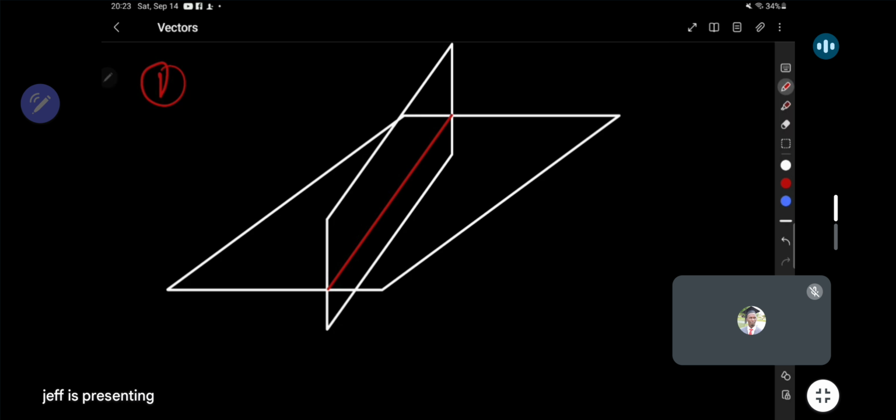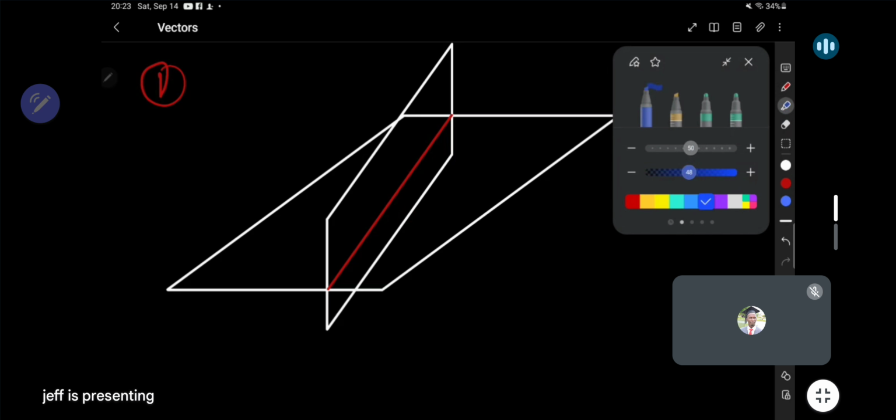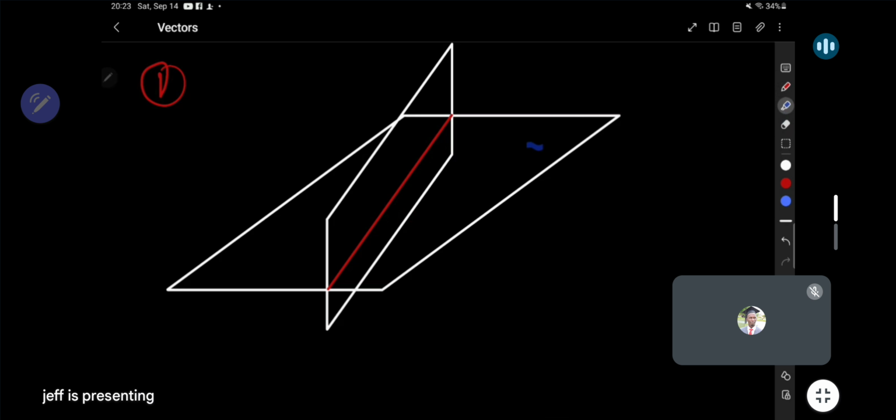So what we see is that in this case, the point where the two planes intersect is going to be represented in the form of a line. It's not just one point where the planes intersect, but an infinite number of points, and all these points will lie on that red line.